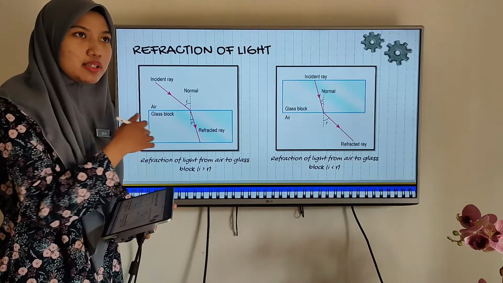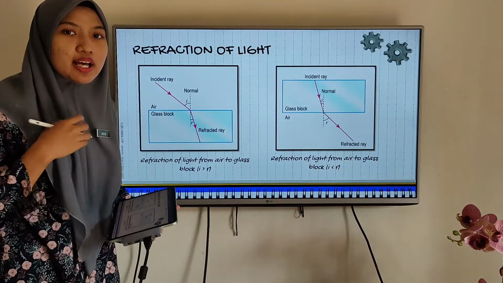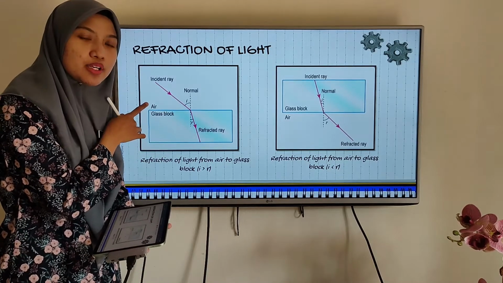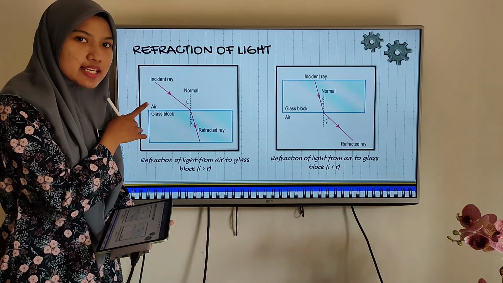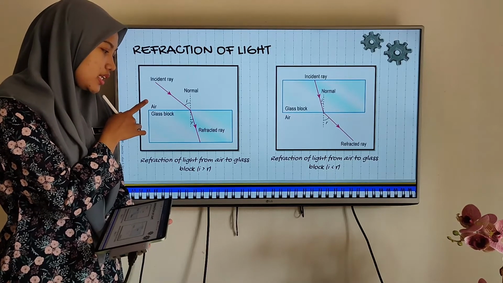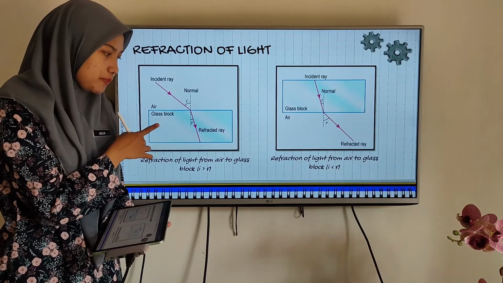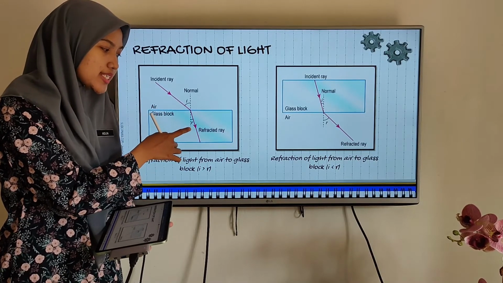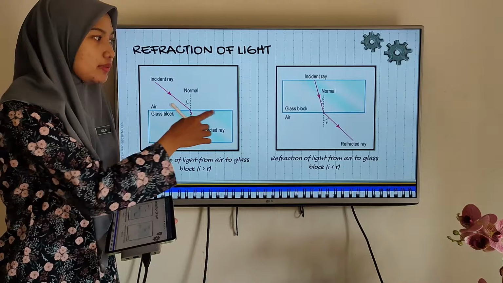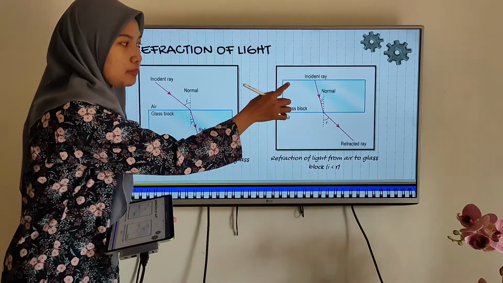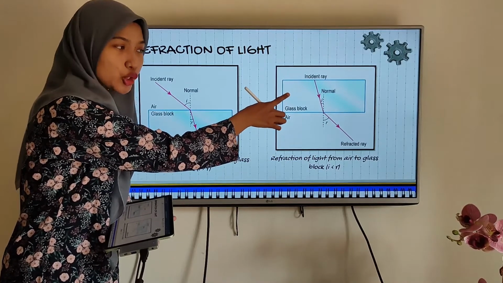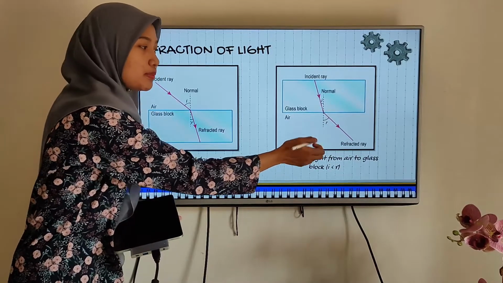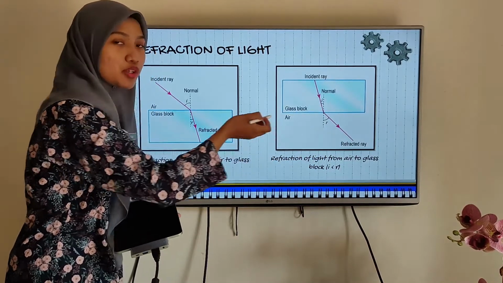You have the keywords I stated before: when the medium goes from less dense to denser, the refracted ray will be towards the normal line. But when the medium goes from denser to less dense, the refracted ray will be away from the normal line.